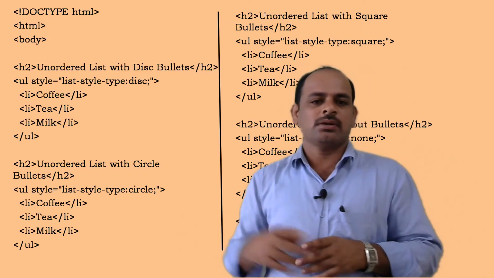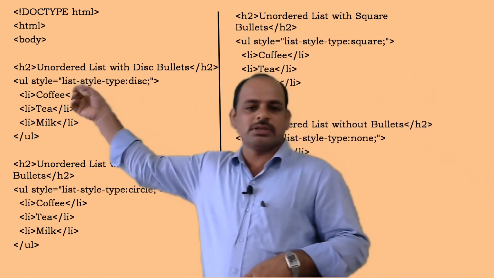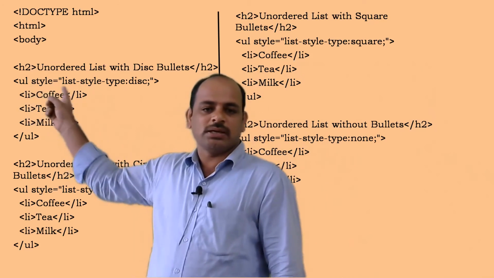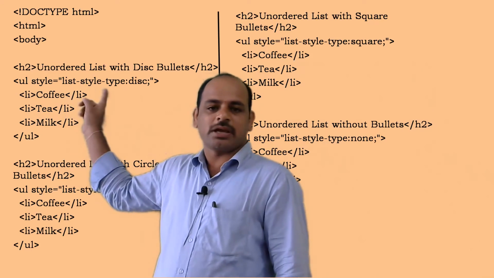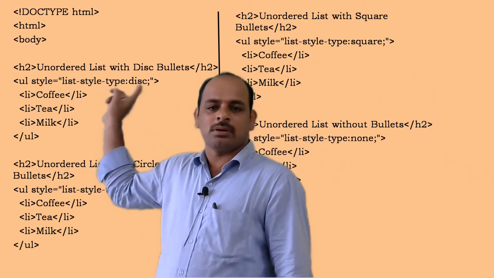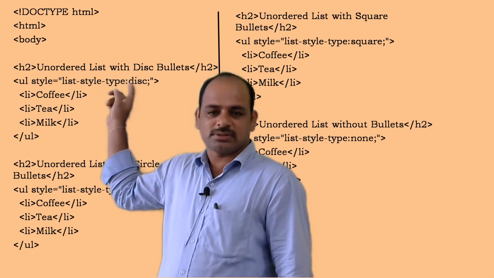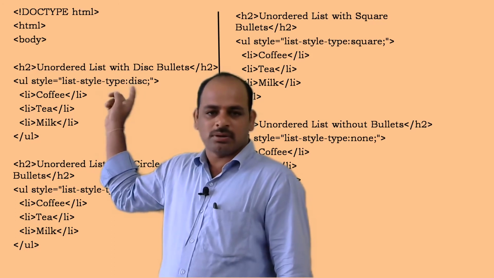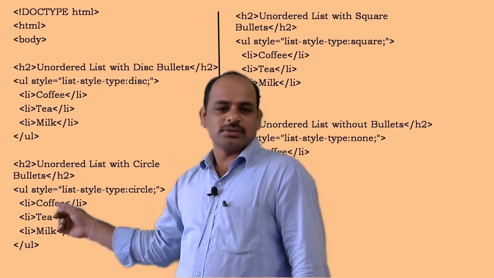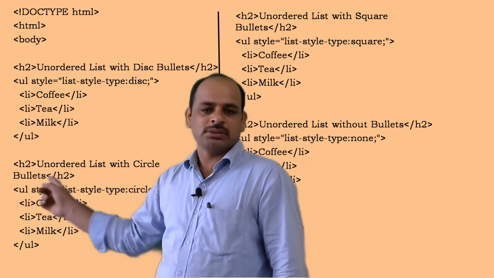So you can see here in the unordered list and ordered list, we are using attributes. So for the unordered list, style is equal to list-style-type, and what is the description here? This is disc, that means a dot will appear here. Here you can see the circle, right? So style is an attribute of the list tag.